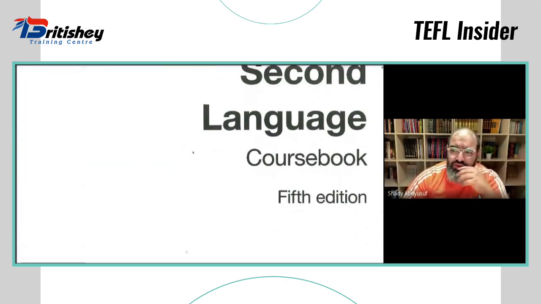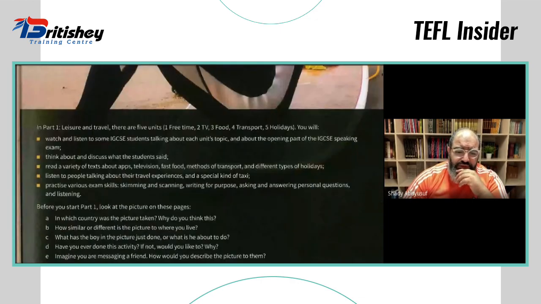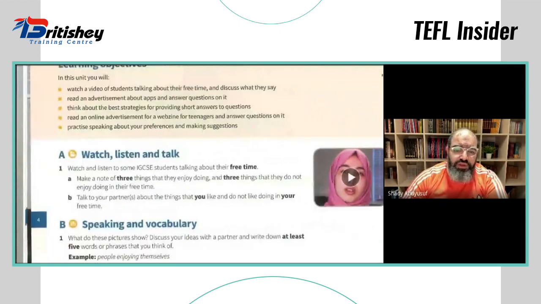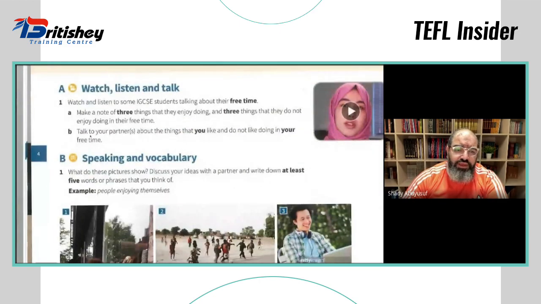Okay, so let me go here. Oh, it says leisure and travel. Okay, that's part 1. What do we have here? Okay, watch, listen, and talk. Right. Okay, so here we have, look, B, that is a speaking activity.